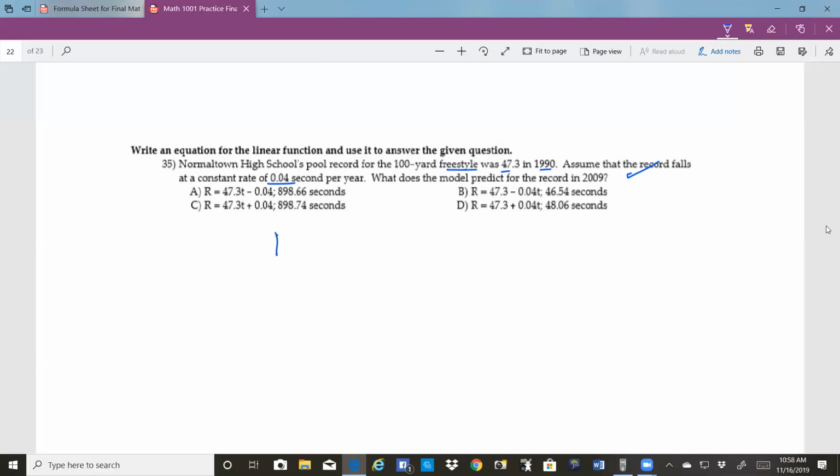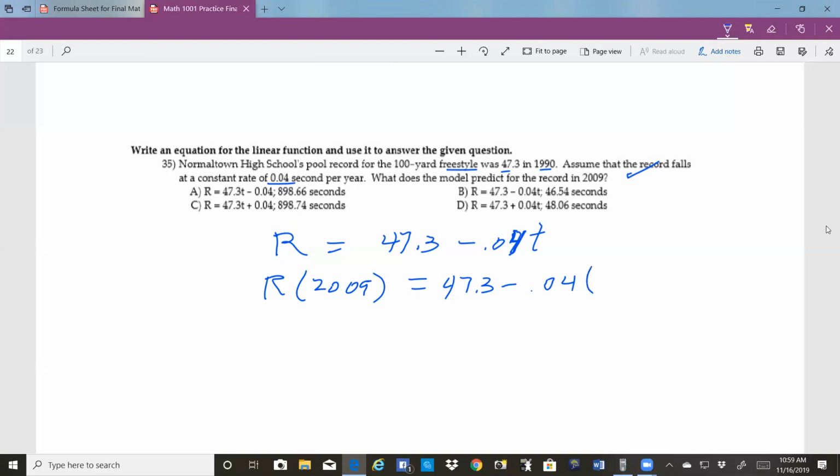Well, if you let R be the record, we know it starts off at 47.3 and goes down by 0.04 per year. So the record in the year 2009 is going to be 47.3 minus 0.04 T. 2009, that is 19 years past 1990.